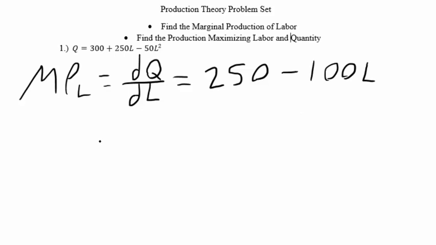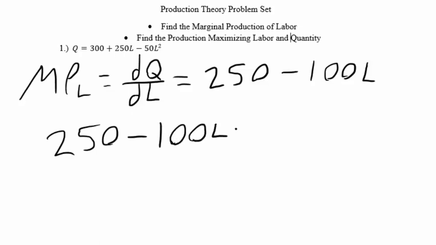So if we want to find our production maximizing labor, what we can assume is that the rate of change, or the marginal production of labor, equals 0 at the production maximizing point. So what we can do is have 250 minus 100L equals 0.